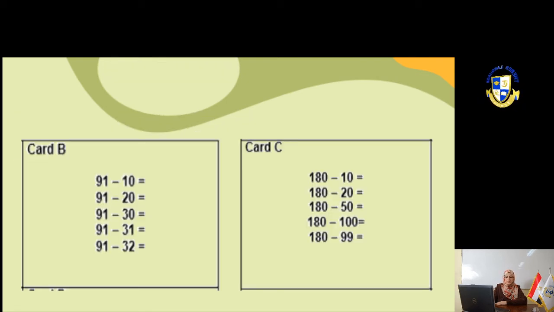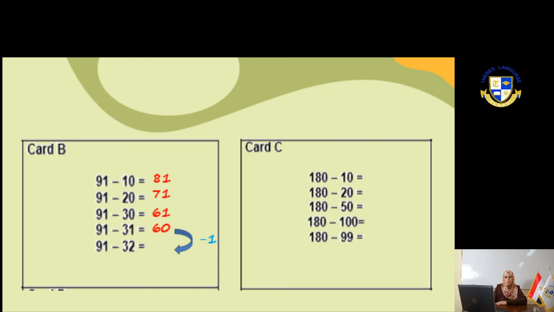Card number B. 91 minus 10. Ones minus ones, and tens minus tens, and the 1 stays the same. 9 minus 1 equals 8, and the ones equal 1, 81. 91 minus 20, ones stay the same, tens minus tens. 9 minus 2 equals 7, and the 1 stays the same, 71. 91 minus 30, 9 minus 3 equals 6, and the 1 stays the same. 91 minus 31, 9 minus 3 equals 6, ones minus ones equals 0. 91 minus 32, get the same answer, only minus 1, because 31 is smaller than 32.